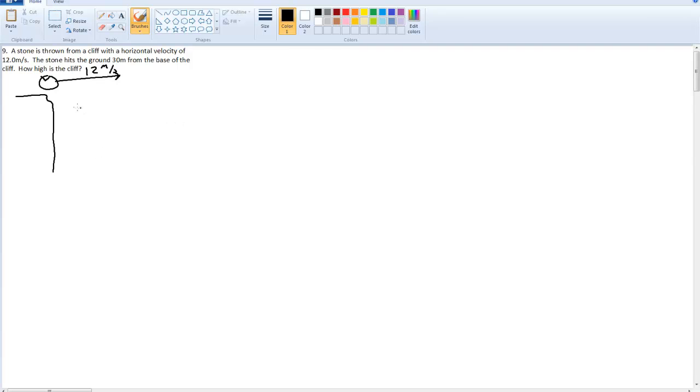Now, in this case, they're telling us the stone hits the ground 30 meters away. So that's our 30 meters. That's our dx. That's our range.